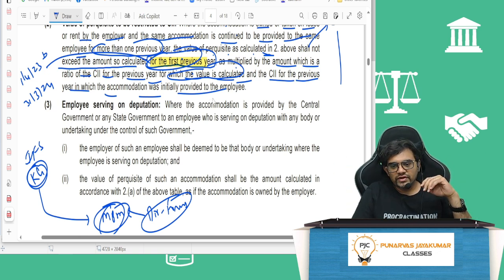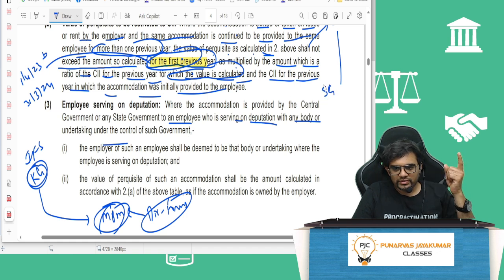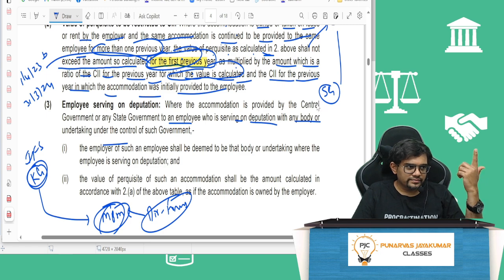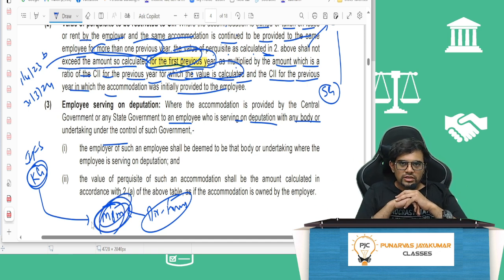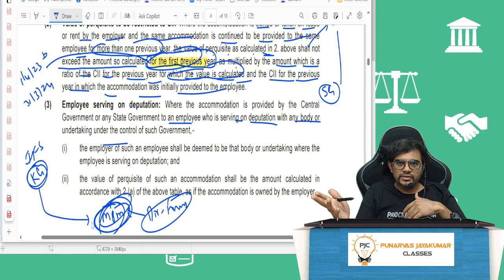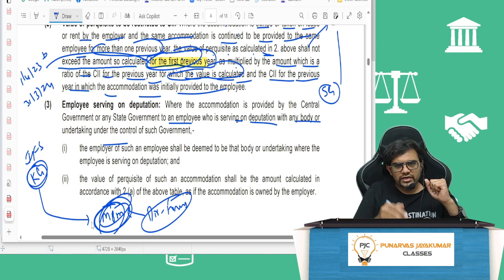If you see, where the accommodation is provided by the central government or state government to an employee serving on deputation with any body corporate. So my dad, a state government employee, is serving as director of Mysore Paper Mills. So who is the employer here is the question. Central government or Mysore Paper Mills? That's what they are trying to tell.